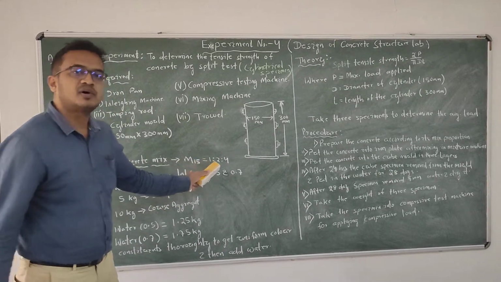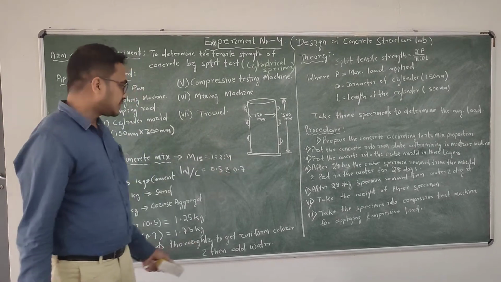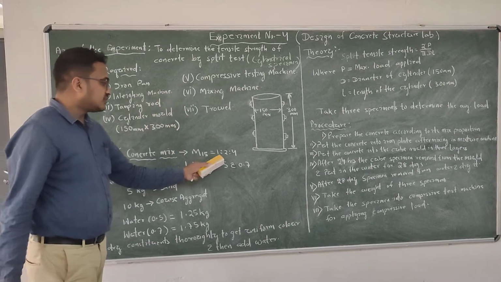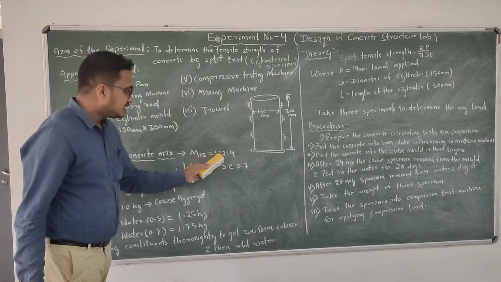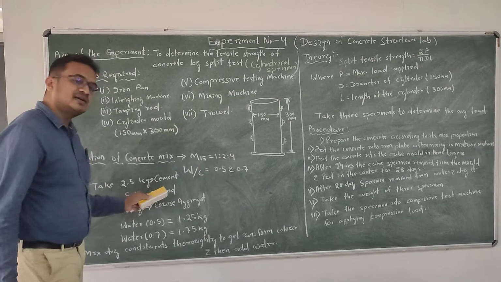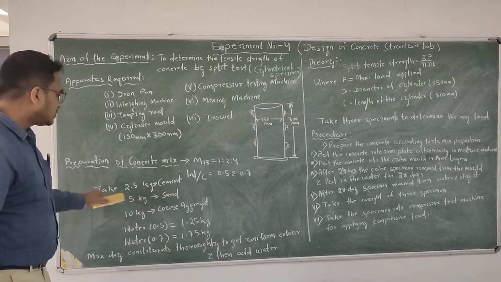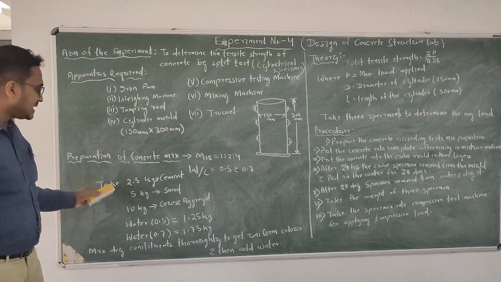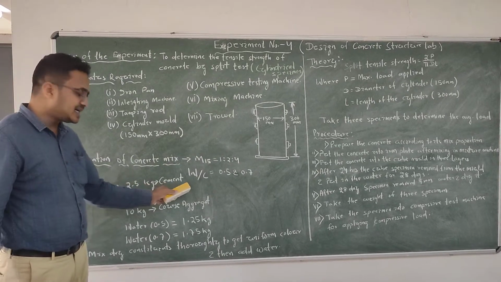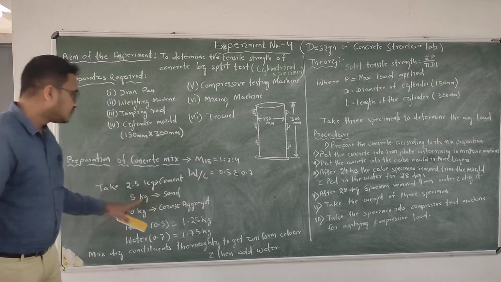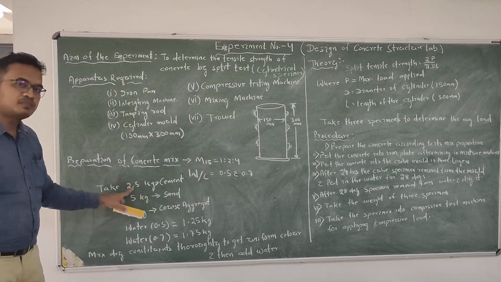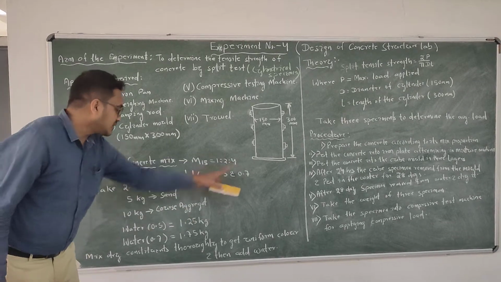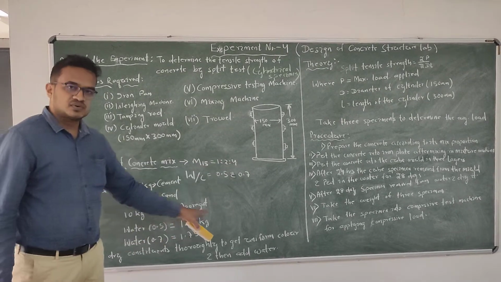We have to take it by volume or by weight. Here we take a weighing machine, so we are going to take the mix proportion by weight. In order to take 1, that is cement, we are taking 2.5 kg of cement, 2 for fine aggregate, so 2.5 into 2, 5 kg sand, and 4, that is 10 kg of coarse aggregate.